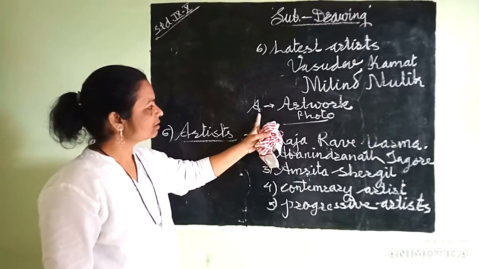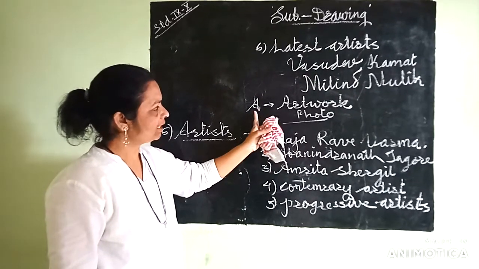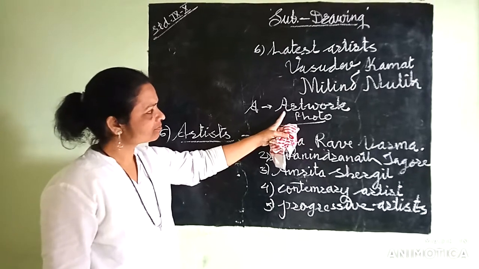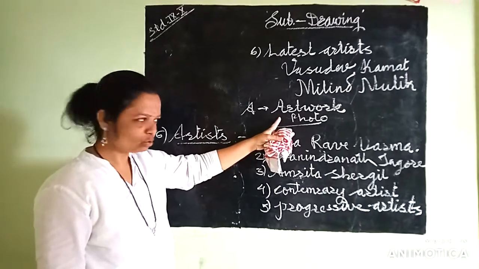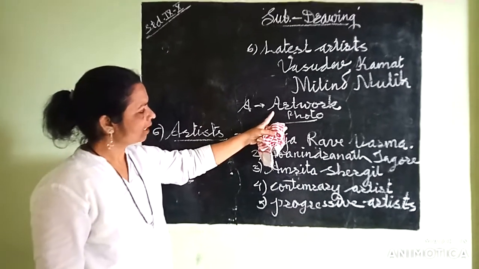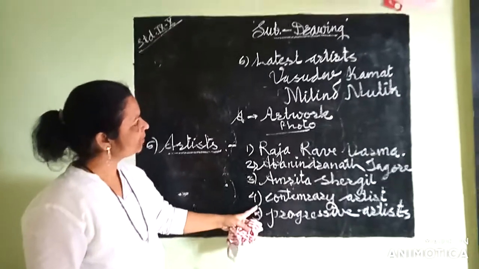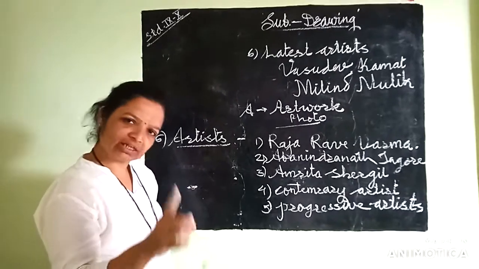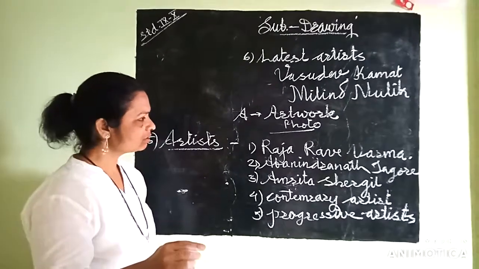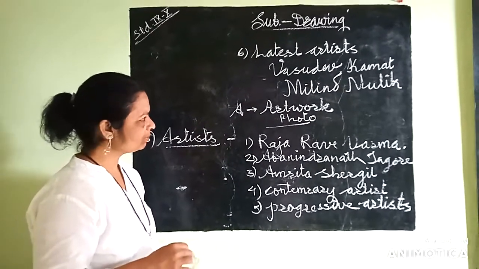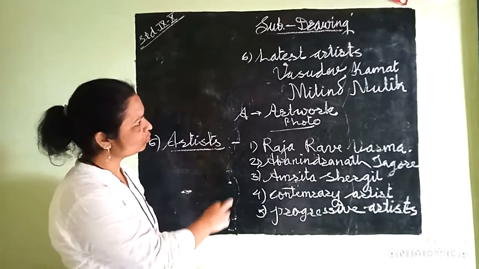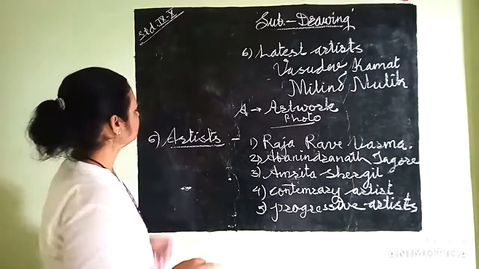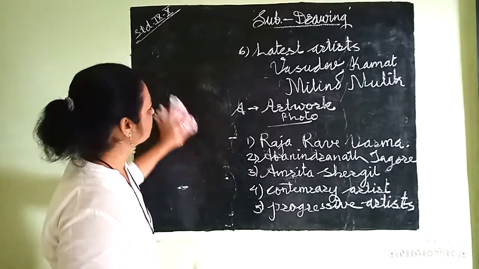So like this, choose an artist and related artwork, and then write the information. So choose only one artist and one artwork, or you can write more artworks, no problem, that's not an issue, but choose only one artist. So come to the next topic.